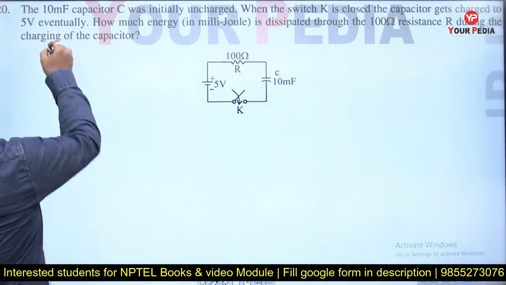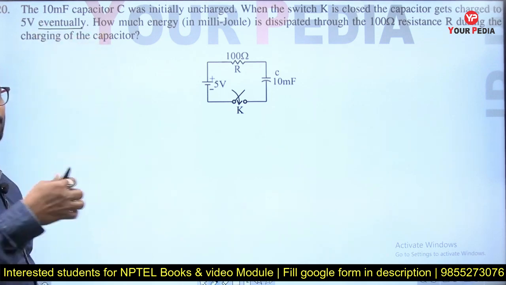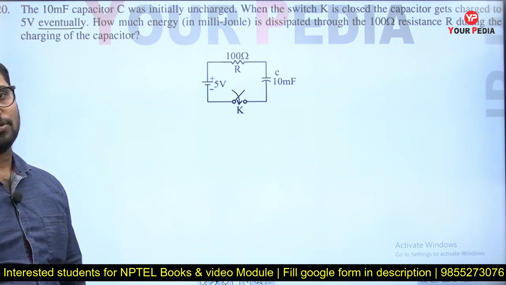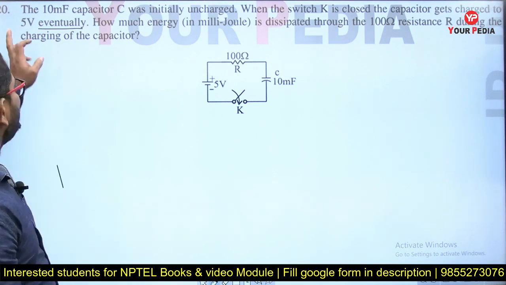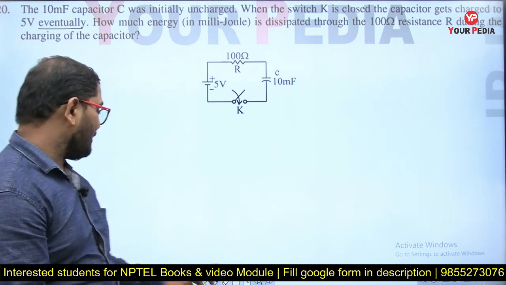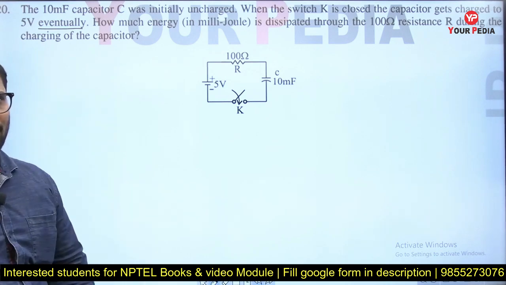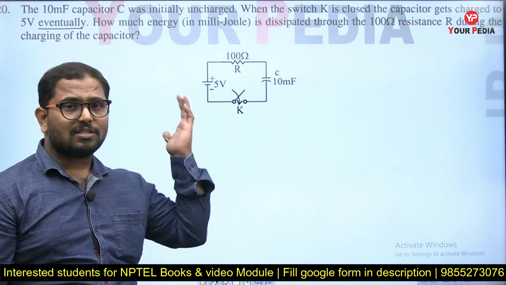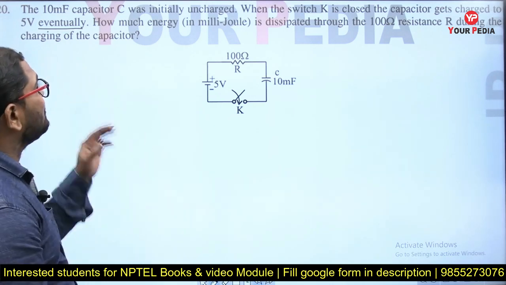What is the meaning of eventually? It means as time progresses over a long period, the capacitor will reach 5 volts. That is, as time t tends to infinity, the voltage across the capacitor is 5 volts. That is the meaning of that statement.